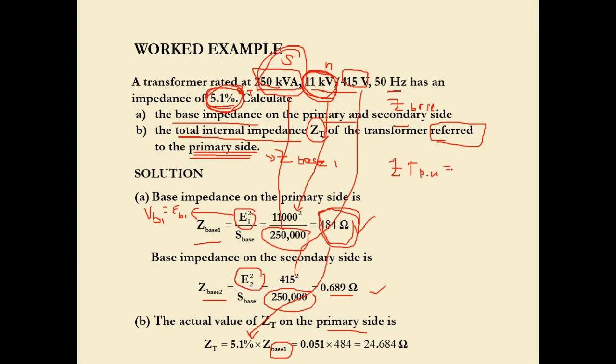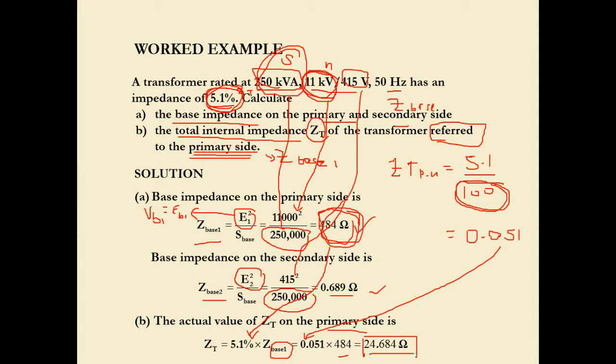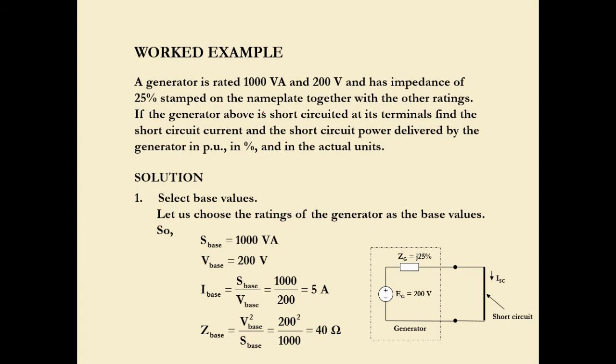So just directly divide by 100, and the PU ZT is 0.051. Multiply by the Z base 1, 484, from here again, and then we get the actual value of ZT on the primary side equal to 24.684 ohms.